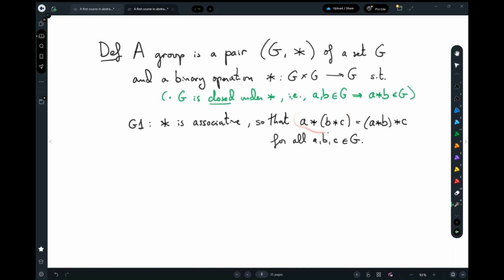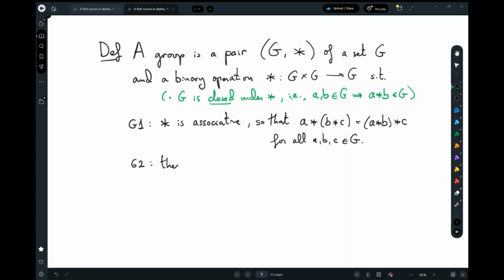So it needs to tell me how to operate on three elements at a time. And if I'm going to operate on three elements, it should be the same as if I operate on the last two and then use the first one, or I operate on the first two and then use the third one. So that's why we need associativity, and it's a rule that is many times so natural to us that we don't realize we're using associativity, but it is very important. We'll emphasize a couple times where associativity is very much necessary.